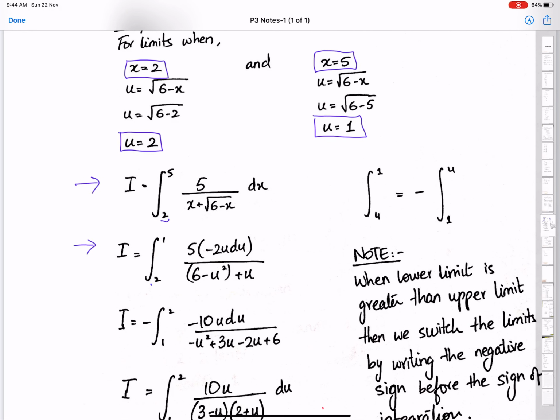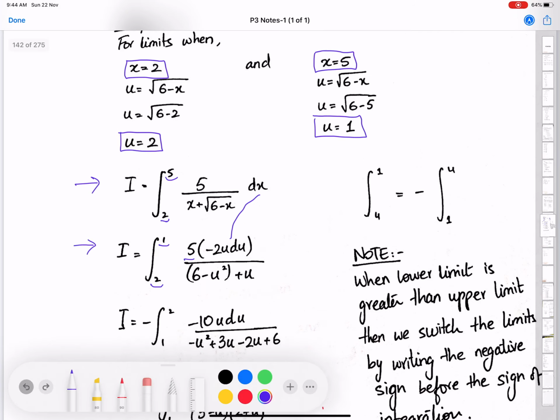The corresponding value of the lower limit is 2 and the corresponding value of the upper limit is 1. Copy this 5 and substitute dx, substitute this x and substitute this under root by u. This is the way to do the substitution.